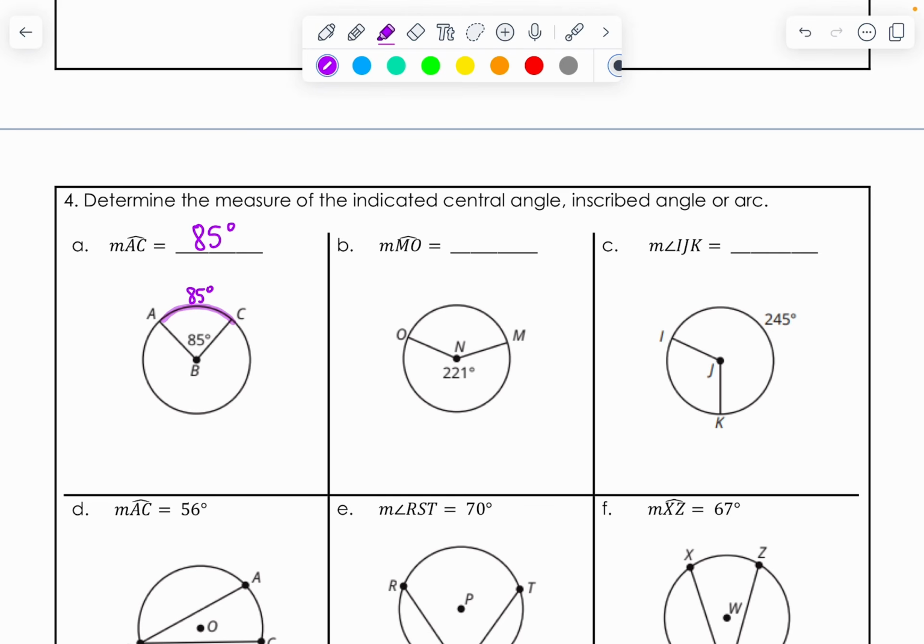Arc MO, again, should be the same as the angle it intercepts. So this angle here is going to be 360 minus 221 because the entire circle is 360. And so we get 139 degrees.